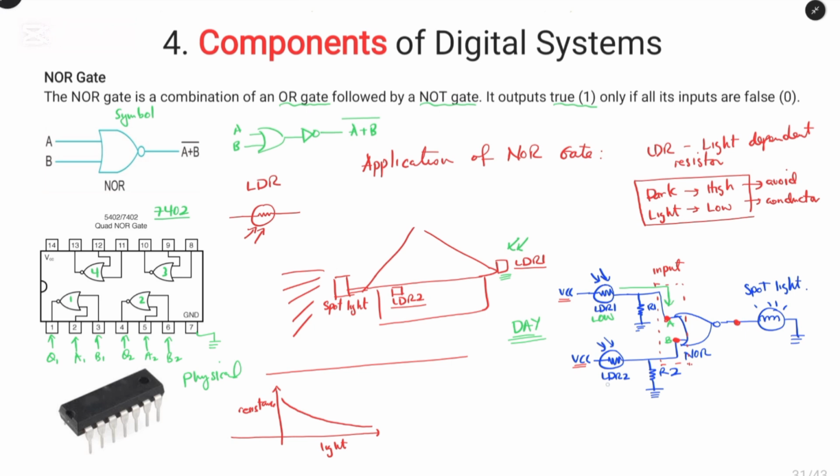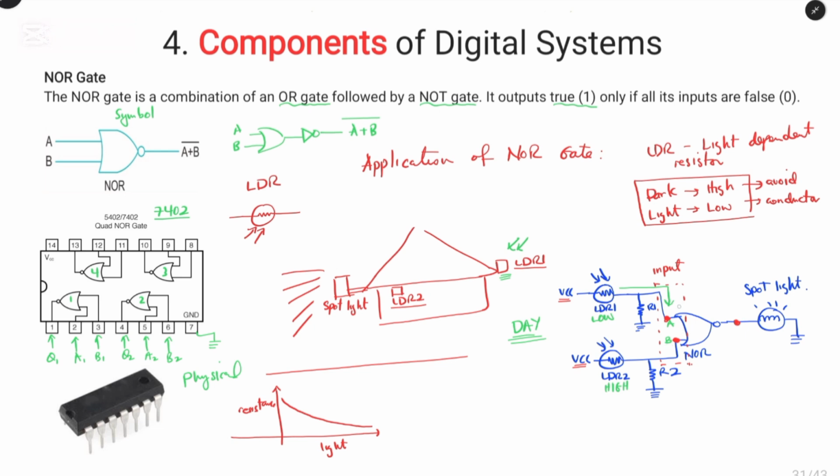And for the LDR2, for example, if inside the room is dark, we will have a high resistance in this case. So even though there is light on the LDR1, allowing current to pass through input A, if LDR2 is high, then there won't be any flow of current in input B.